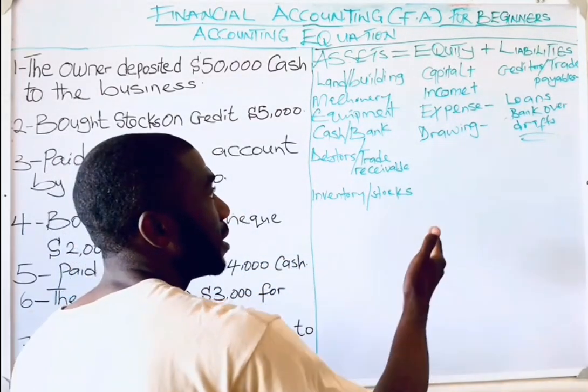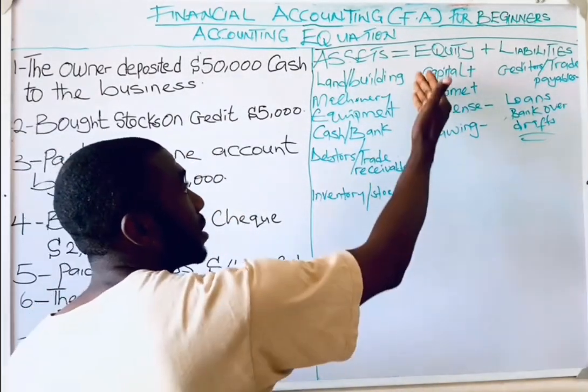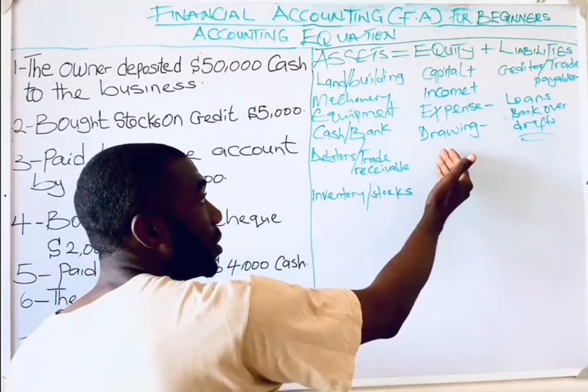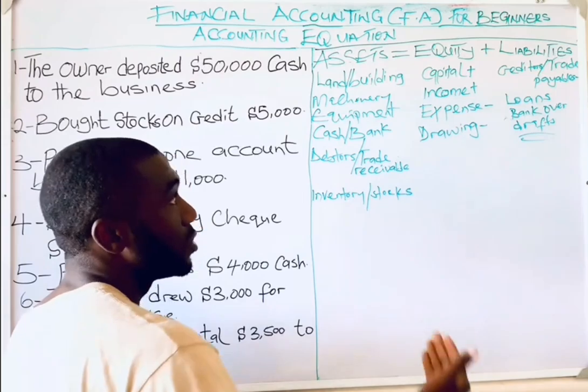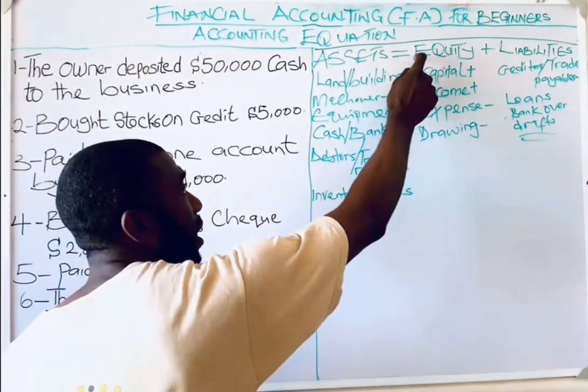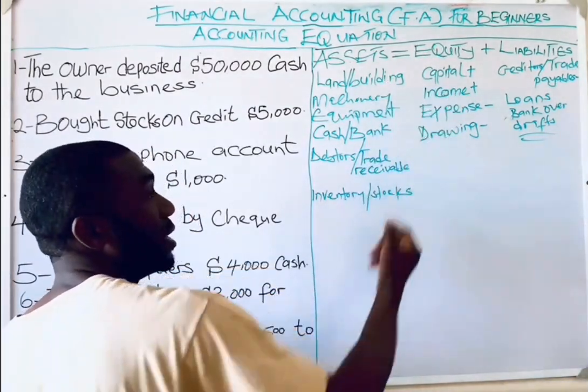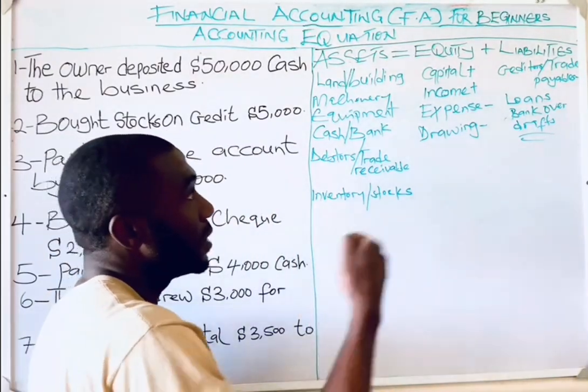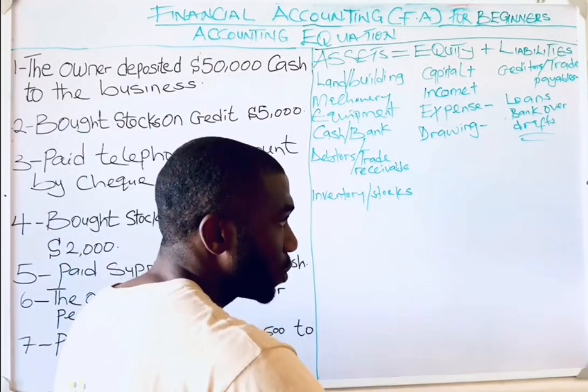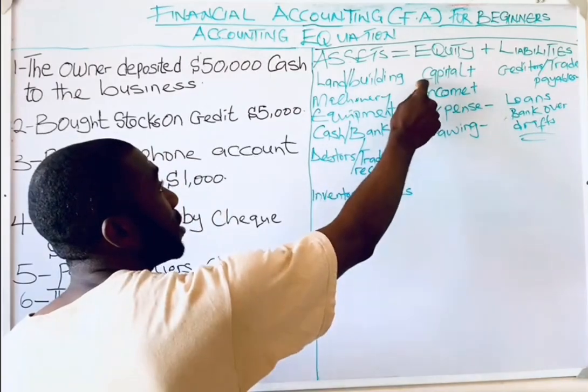Like the expense you spend, it will decrease your claim. Your drawings, if you drew from the business account for your personal use, will decrease your claims. Capital increases your equity, your claim. That is the investment. Whatever you bring into the business will increase your claim.